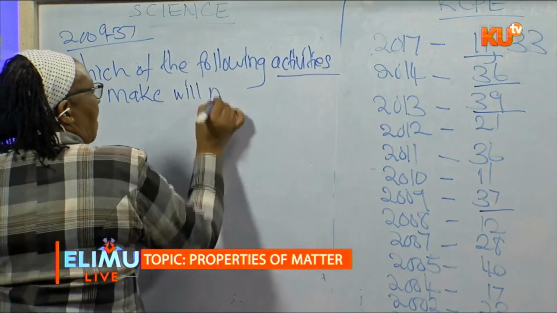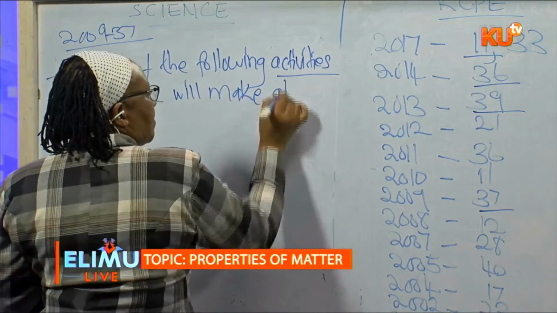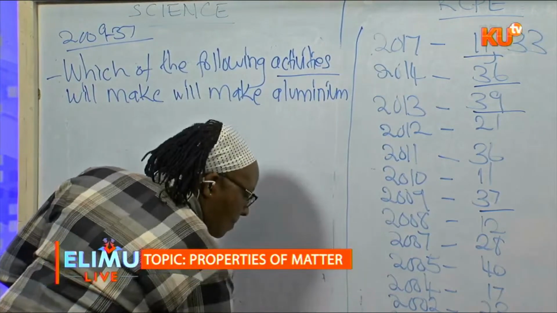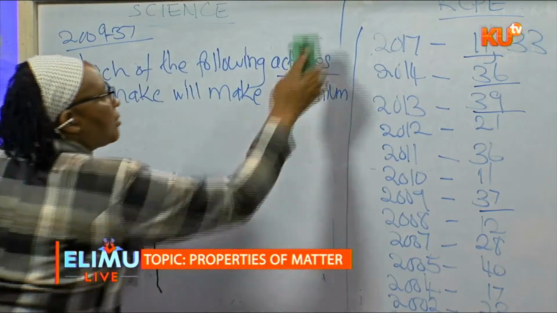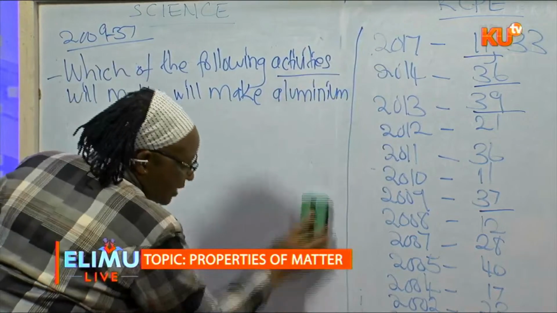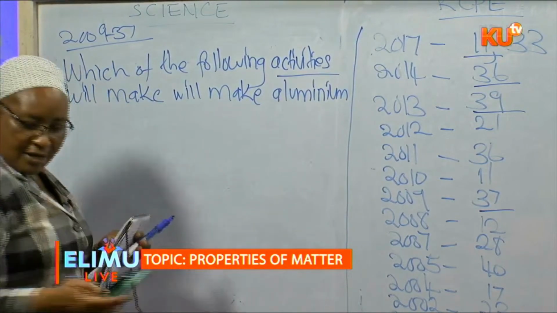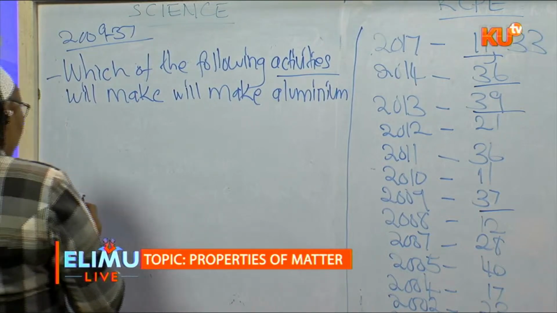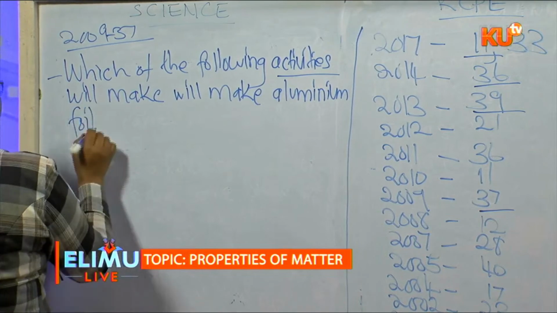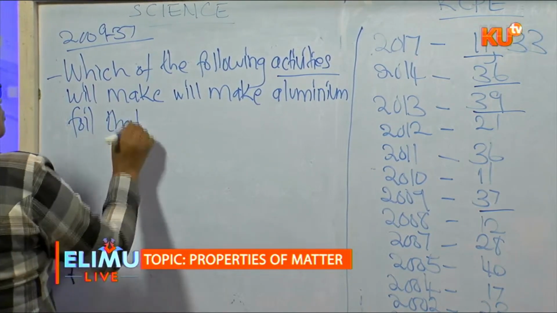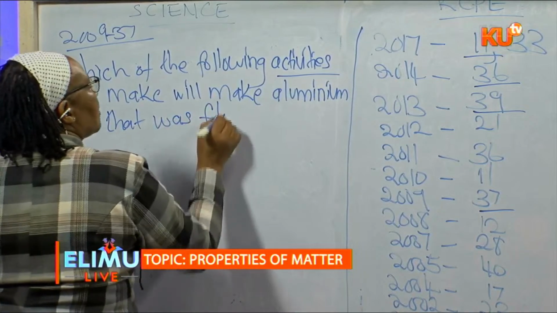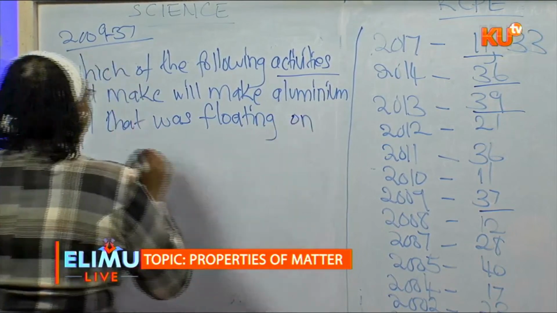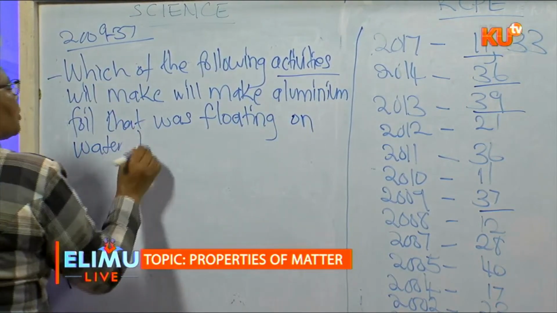aluminium. Remember, aluminium is a metal. So anytime we are reading a question on floating and sinking, you should ask yourself various questions. The key words: aluminium foil that was floating on water to sink.